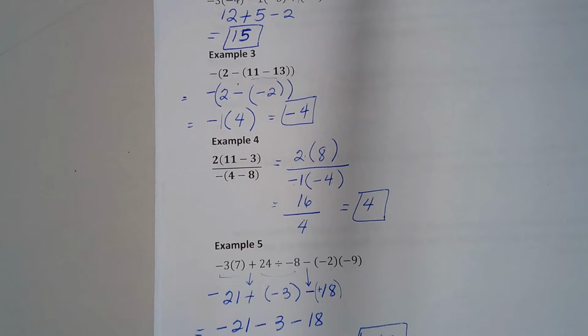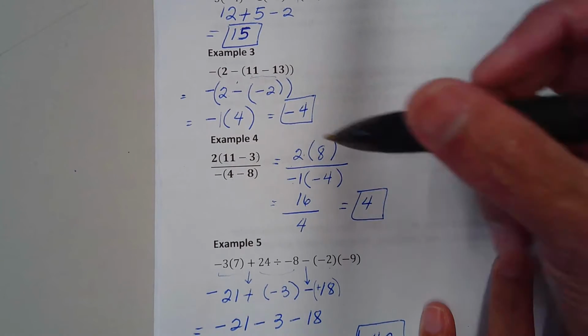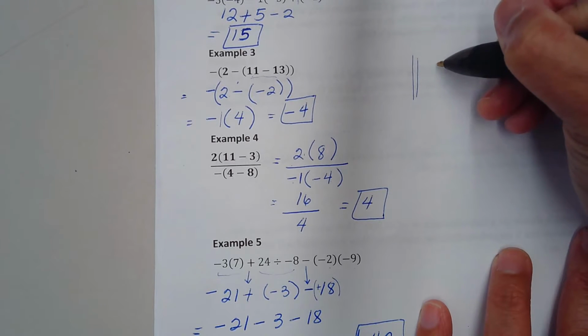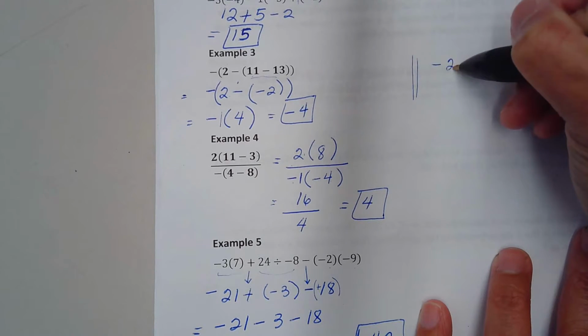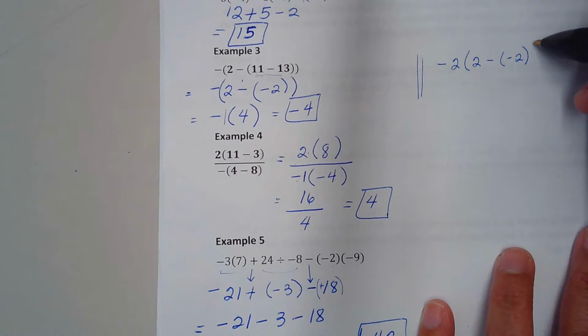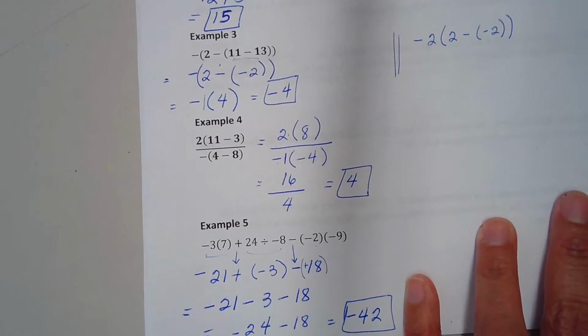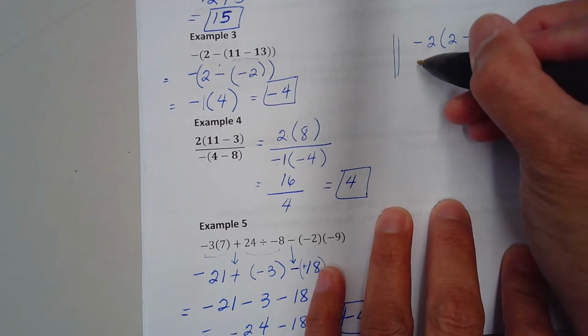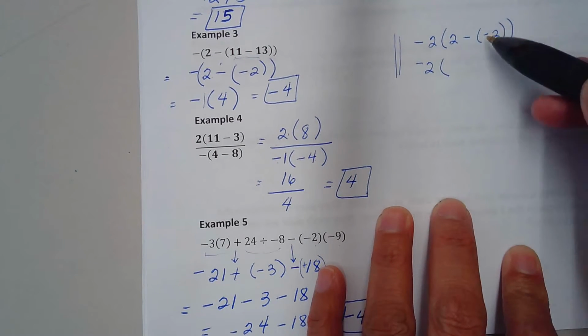Example 3, yeah, for sure. If you're taking negative 2 away from negative 2 and you get negative 4, now you times that negative 4 by negative 1. Let's take a look at this one. Positive 4 is the answer, not negative 4. Here's the other thing, because I think I jumped too far. Negative 2 is still out here.